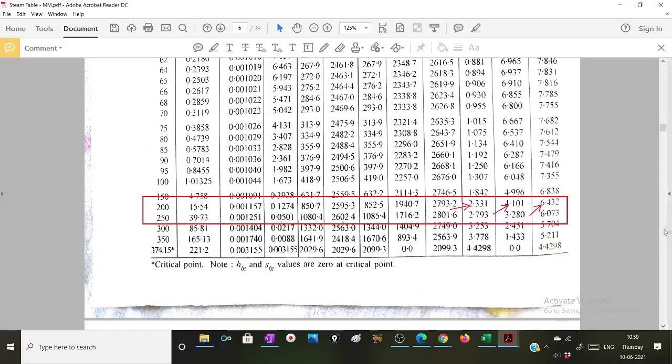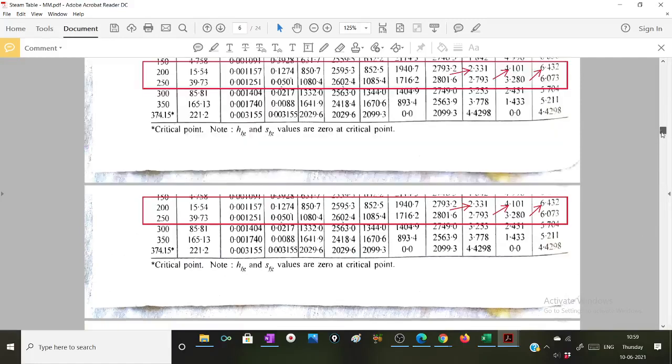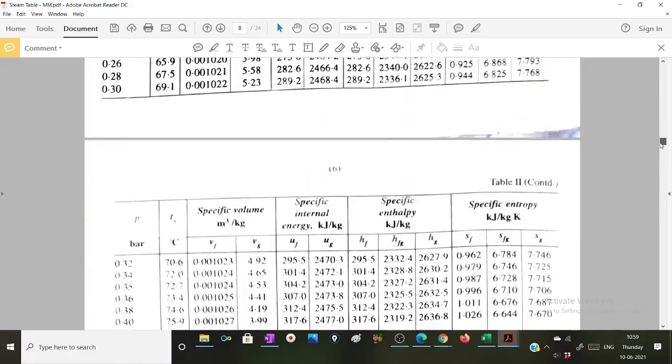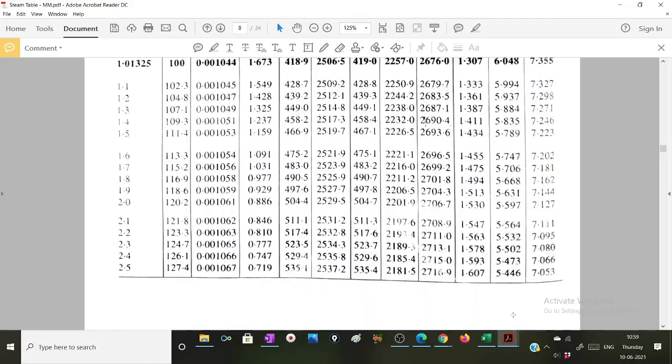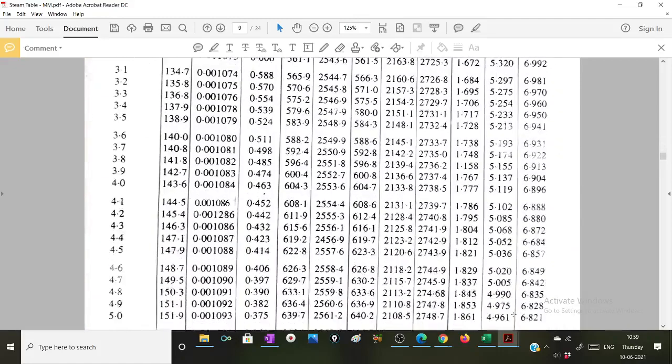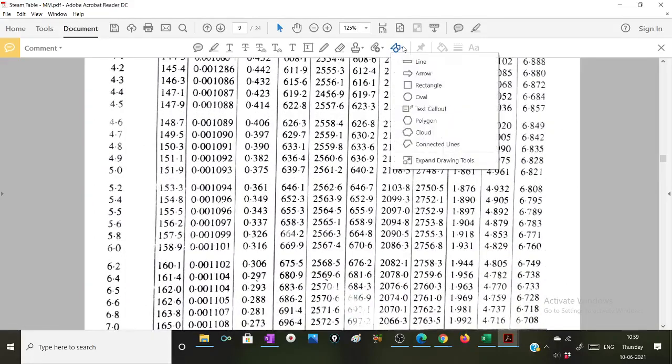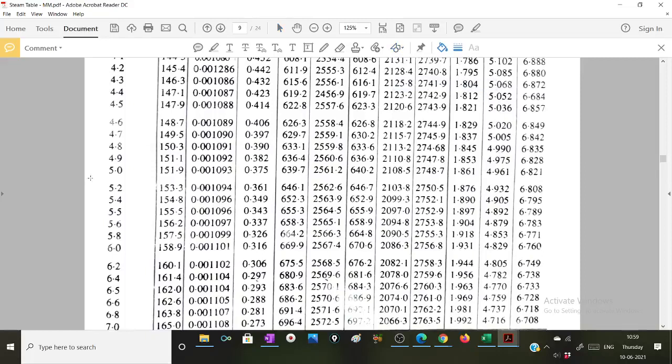Now I am supposed to find out the properties of steam at 5 bar. So I will be using table number 2, this table, and I will be obtaining all these properties at pressure P equal to 5 bar. These are the properties at 5 bar pressure.